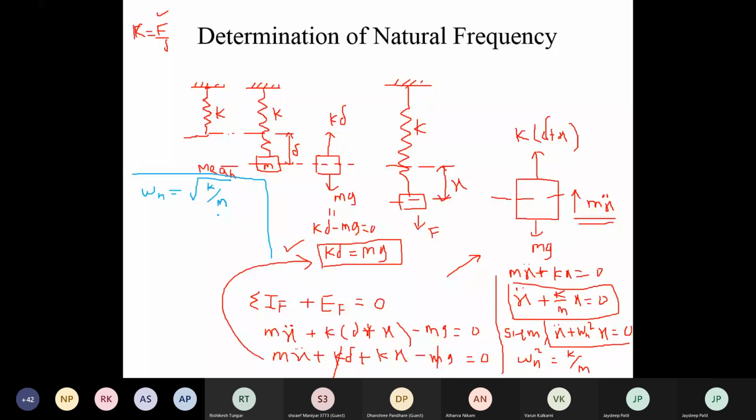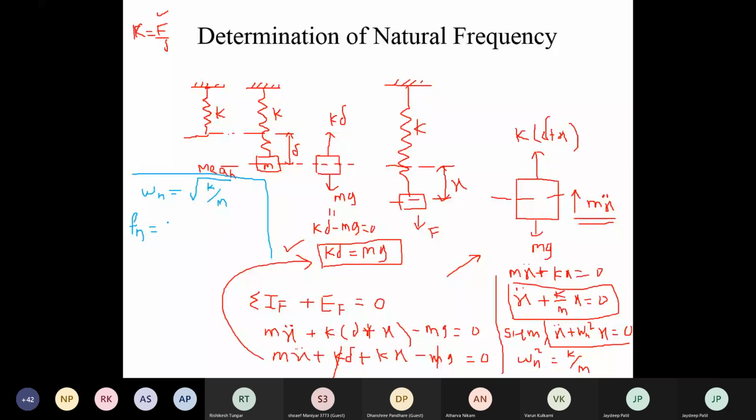Okay. Now we know the frequency Fn. Fn is the frequency of that vibrating body, the number of cycles per unit time, and omega n is nothing but the natural circular frequency of that vibrating body. I have to find out Fn. What is the formula for Fn?